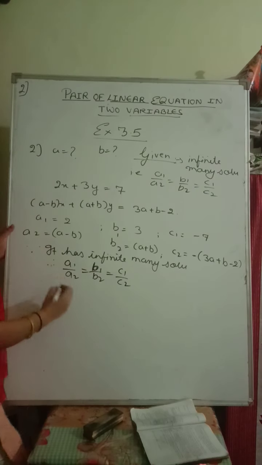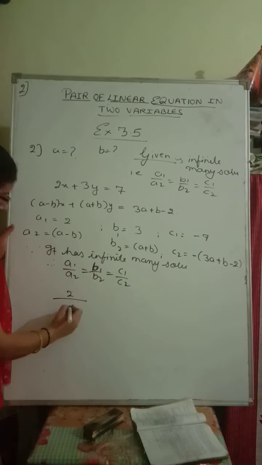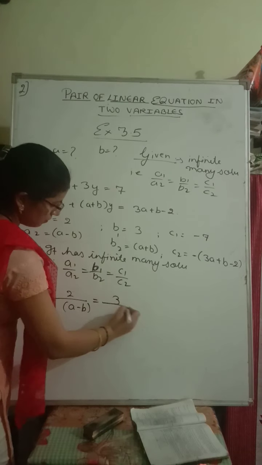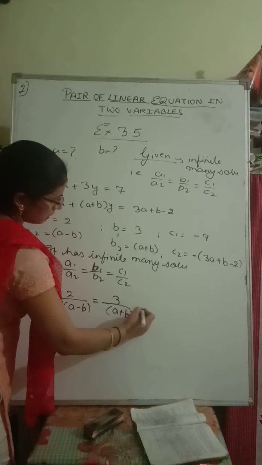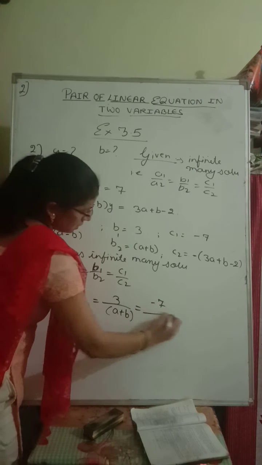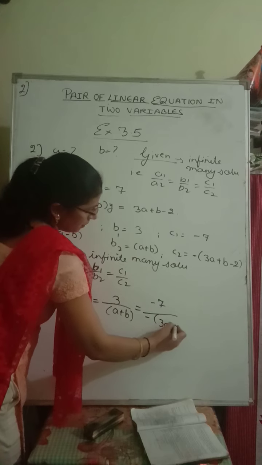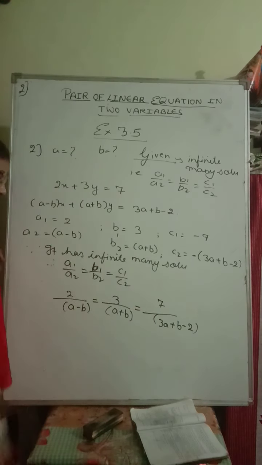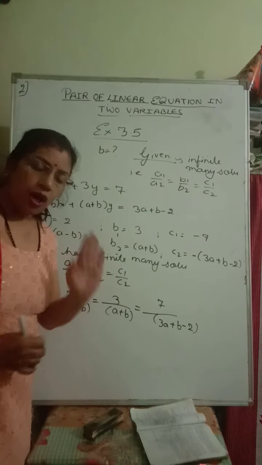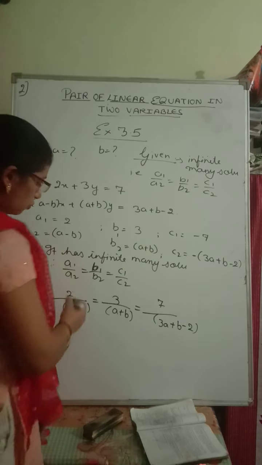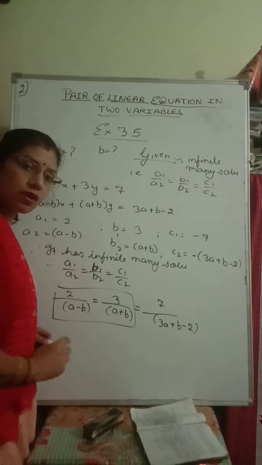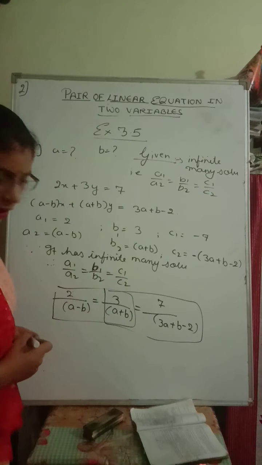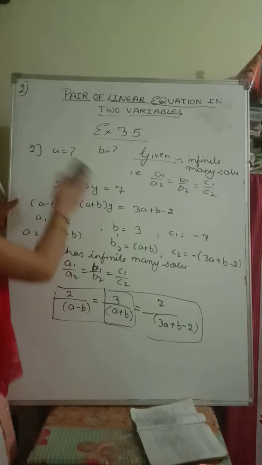Put the values: 2 upon a minus b equals 3 upon a plus b equals minus 7 upon minus of 3a plus b minus 2. Minus 2, minus cancels. So this we got. Now how to solve this? Very first we have to compare these two, and the second time we have to compare these two. So I am starting with the first one. I am erasing here.